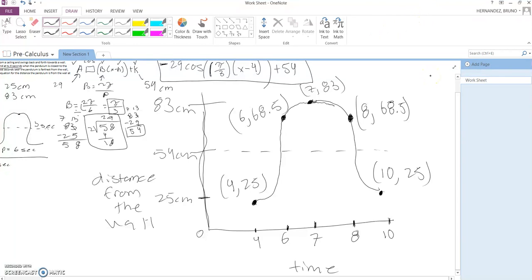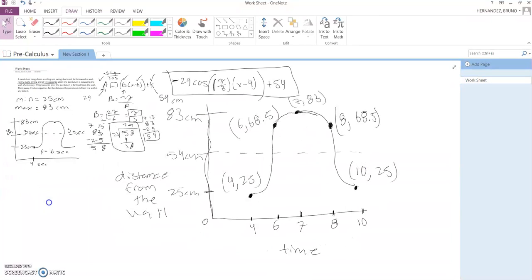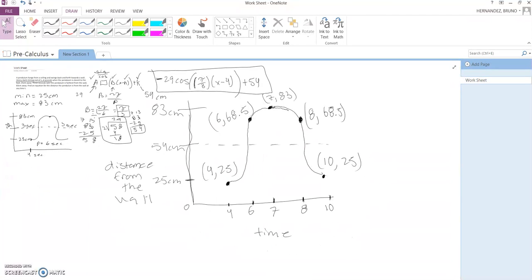Now that we have found the equation, if you want to make sure these are correct, you could plug it into your graphing calculator and put in this formula as y equals, and then click on graph and it will show you the graph. Make sure that your windows are good on the options.